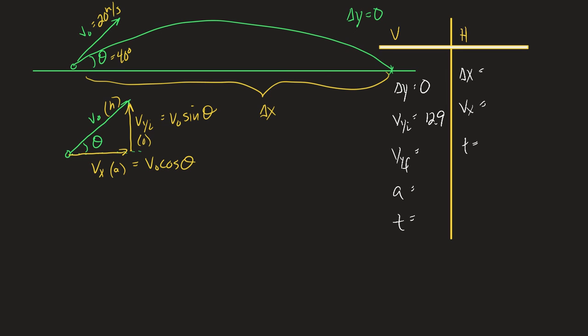I don't know how fast it's going when it reaches the ground, but I know the acceleration's 10 meters per second squared. And the horizontal velocity, 20 times cosine 40, gives me 15.3 meters per second. So I've taken the information I was given and I tried to apply it to all the things that are here. That's huge. There's a lot of data to consider here. And we're just scratching the surface right now.